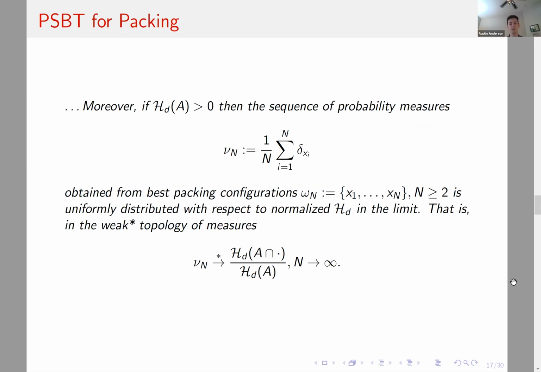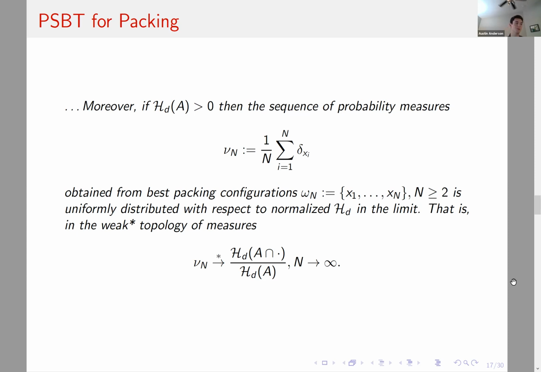This is just placing a point mass of 1 over n at each of the points x_i in your best packing configuration. Then it turns out that these configurations are uniformly distributed with respect to normalized Hausdorff measure as n gets very large. So a mathematical way of saying this is that in the weak star topology of probability measures on A, these empirical counting measures ν_n converge weak star to the normalized Hausdorff measure as the number of points gets very large.